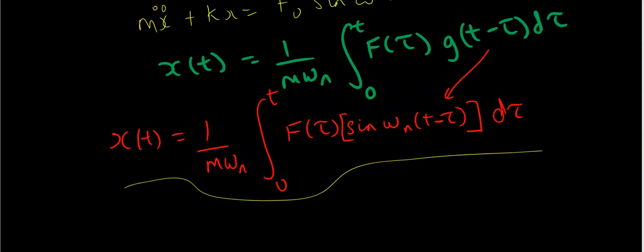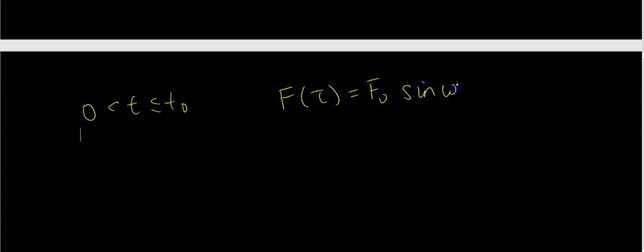So what is F(tau) going to be? Again, I'm only interested in time t less than or equal to t naught, greater than or equal to 0. So this F(t) was actually just F naught sine omega t.